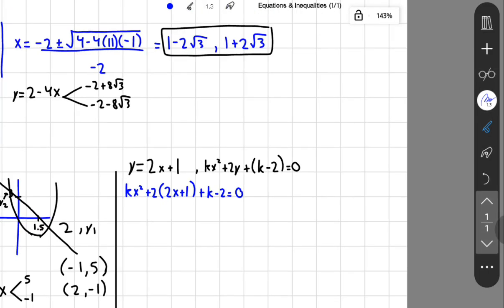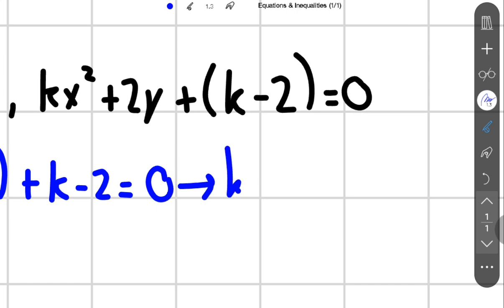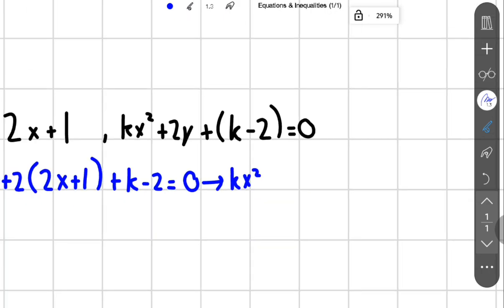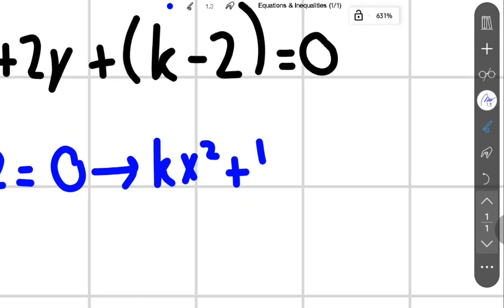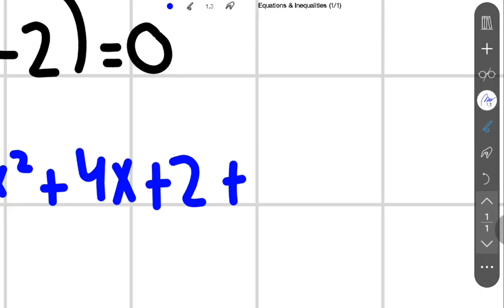So we could do kx squared and 4x plus 2 plus 4x plus 2 plus k minus 2 plus k minus 2.